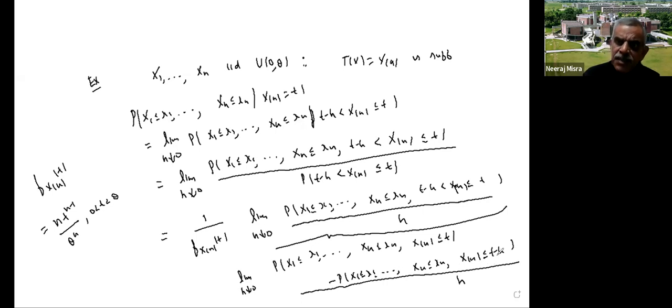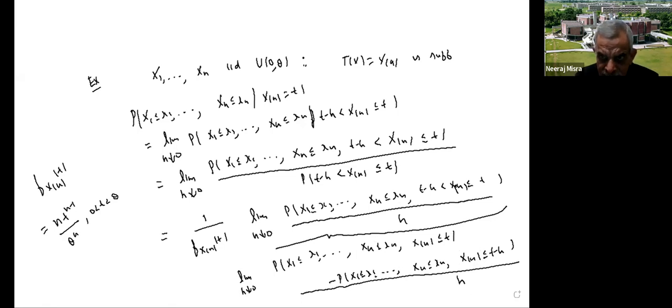And here X(n) less than or equal to t minus h means each Xi is less than or equal to t minus h. So X1 would be less than or equal to x1 as well as X1 would be less than or equal to t. So X1 would be less than or equal to the minimum of x1 and t.